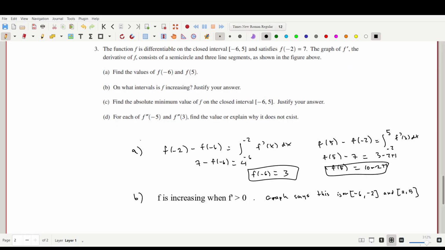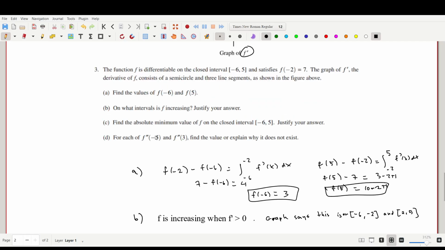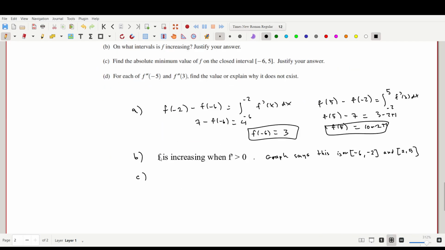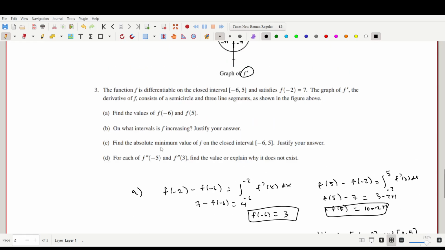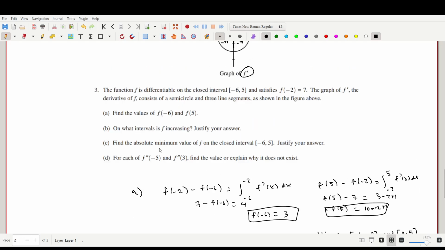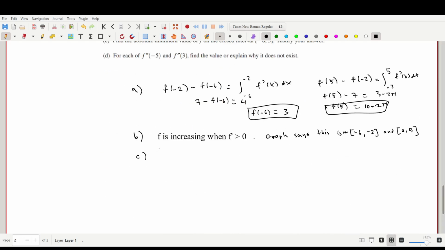All right, C, find the absolute min of f on -6 to 5. That's always a pain. Absolute min is going to be a candidates test. To find the absolute min, you've got to use the local mins. You could just use all the critical points, but it is better to use the local mins.